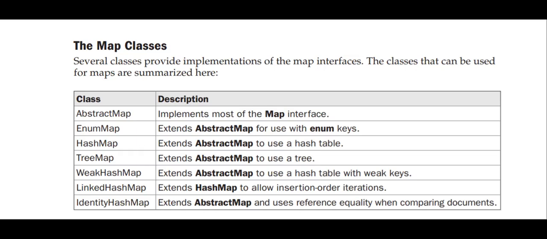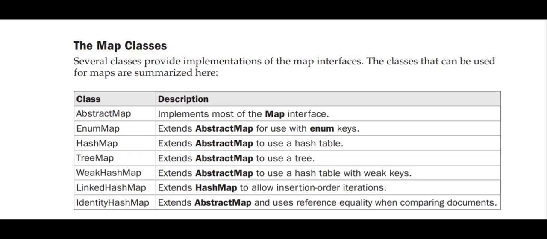So here if we observe, AbstractMap is the superclass of all the map implementations. And WeakHashMap is implemented with weak keys. A weak key allows an element in a map to be garbage collected when its key is unused.